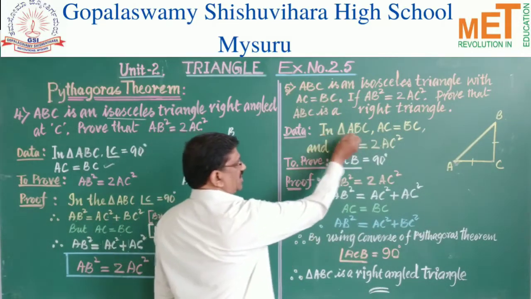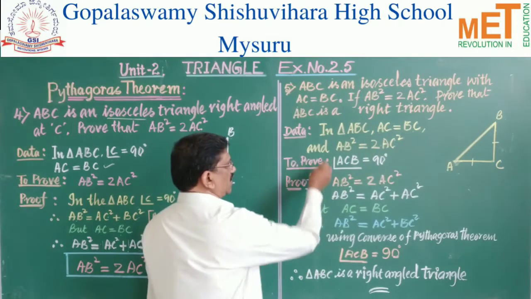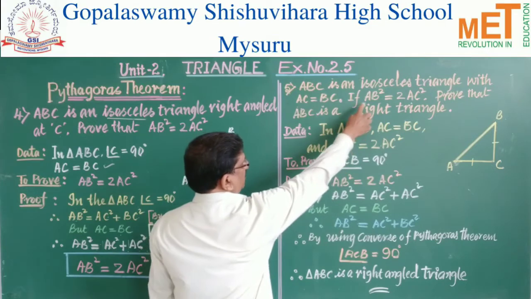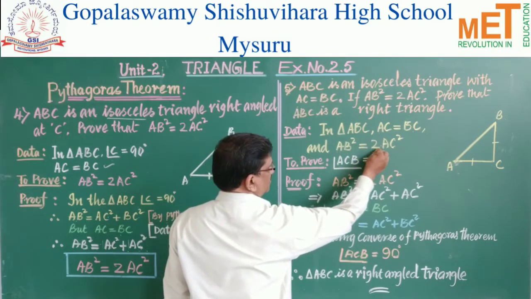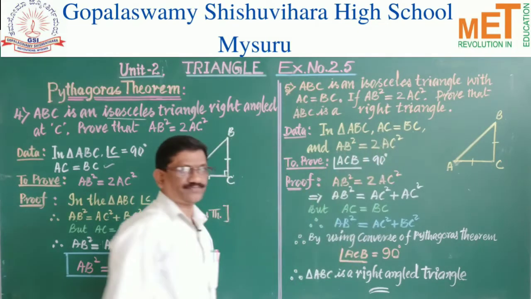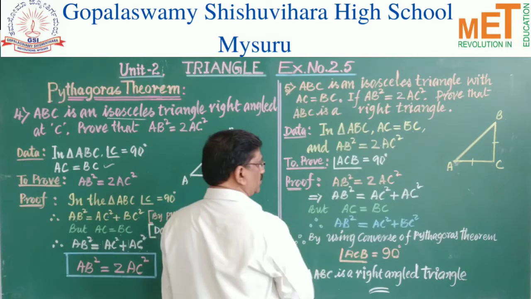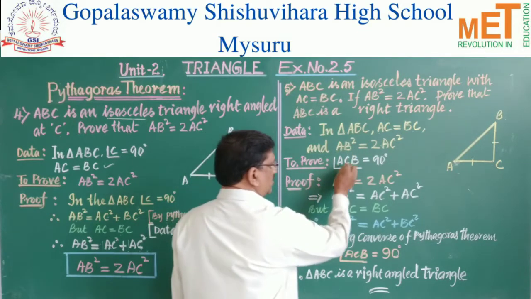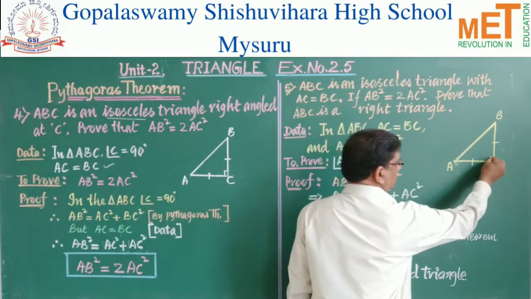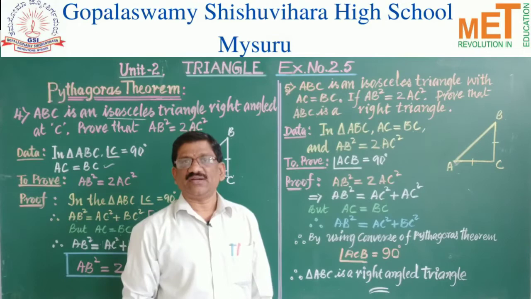So in triangle ABC, AC is equal to BC, and also you know that the given condition is AB square is equal to 2 times the AC square. That is given condition. So now what we have to prove, that is we have to prove that if this is the condition, then angle C is 90 degree, or C is the right angled vertex.